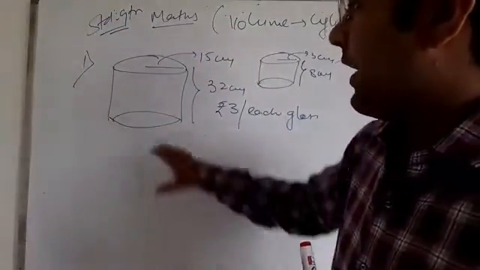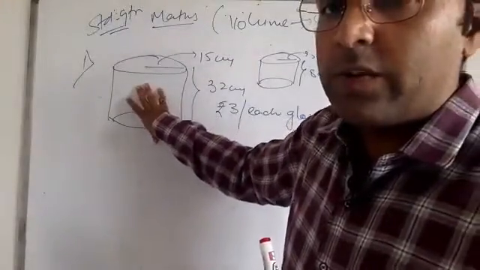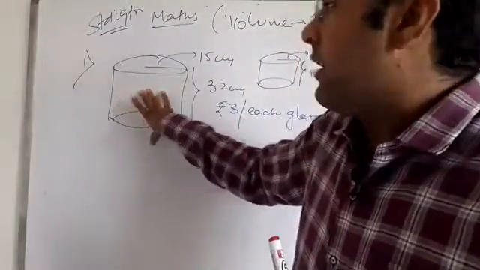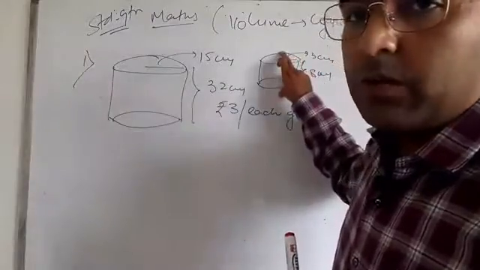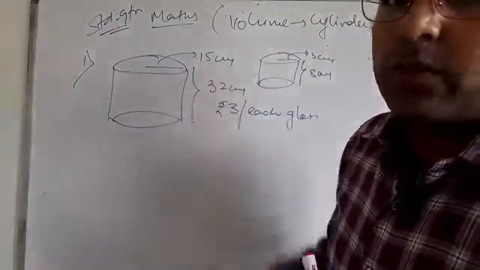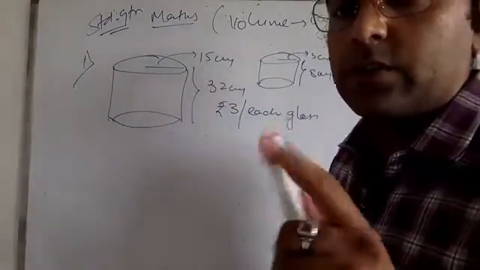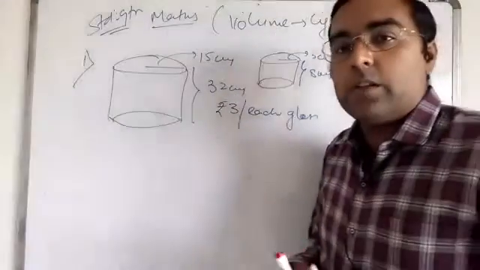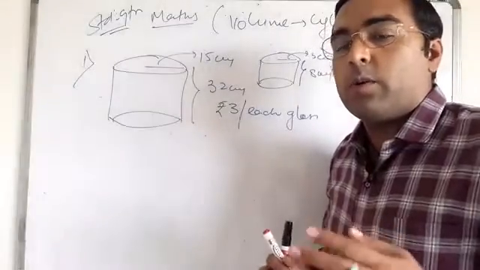For that, first of all I have to find the volume of the cylindrical vessel. After that I have to find the volume of the particular glass, and after that divide both volumes to find the number of glasses.